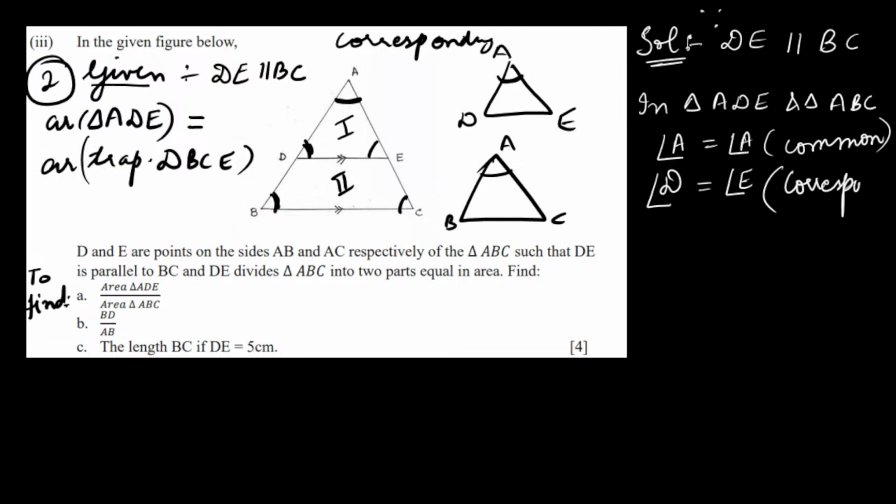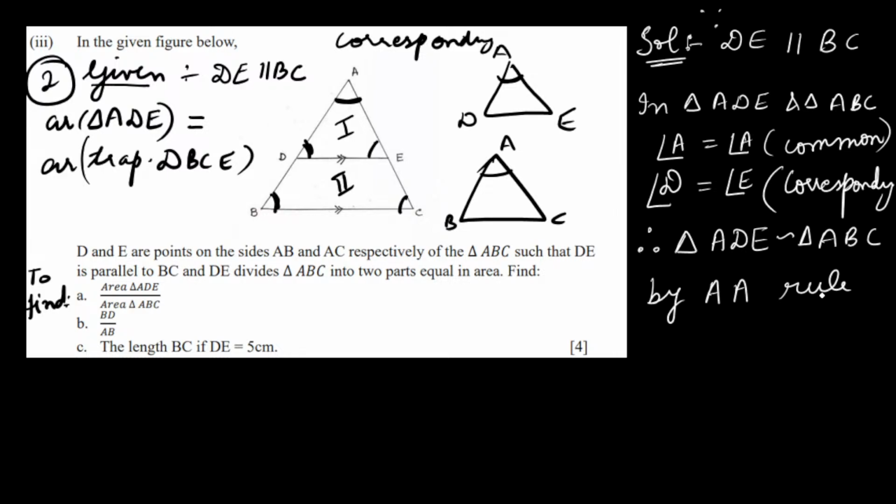If possible, try to write the full names of the angles, like DAE and BAC, and ADE and ABC. Therefore, we can write triangle ADE is similar to triangle ABC. Two angles are enough. Triangle ADE is similar to triangle ABC by angle similarity rule or postulate you can write.